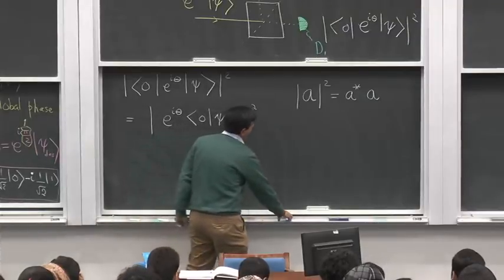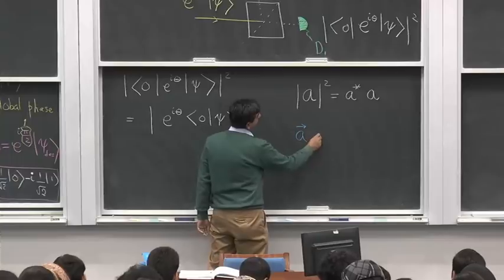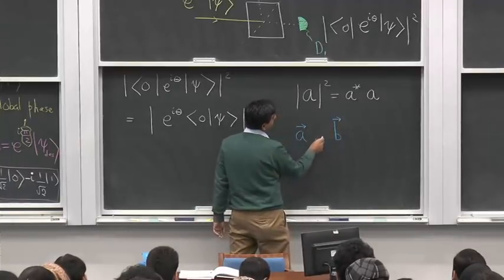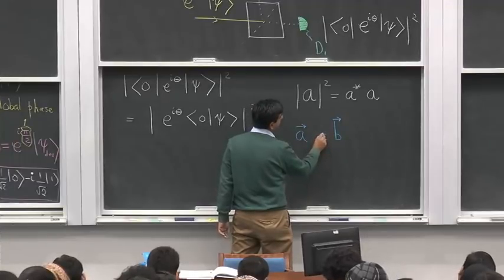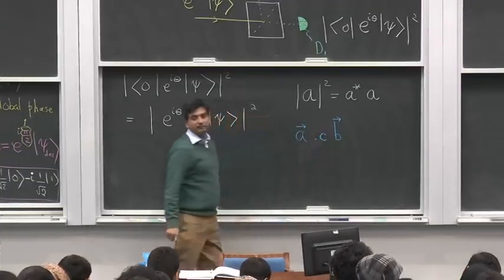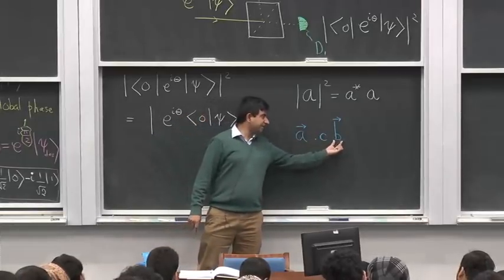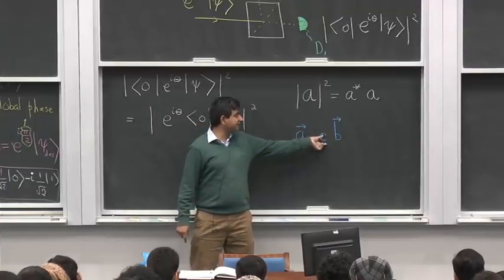In the classical sense, if I have a vector A, I have a vector B, but B is being multiplied by some scalar C. So I have a dot product between a vector and a vector that is being multiplied by a scalar. I can just bring the scalar out here.